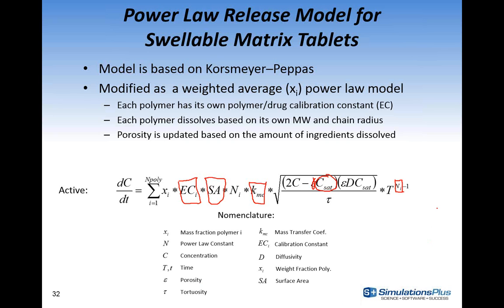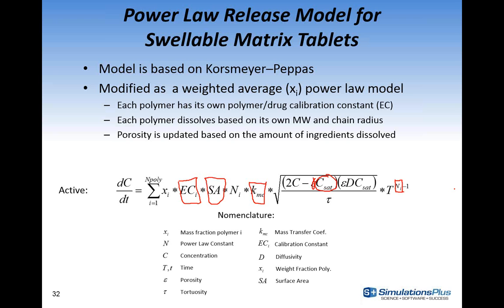The power law constant, N, is an important parameter. It determines whether or not your formulation is pure diffusion from a sphere, sort of like the Higuchi model. If the power of N is 0.5, that indicates a diffusional mechanism, and as such, this equation becomes based on a theoretical solution of the partial differential equations of diffusion from a non-swellable matrix.